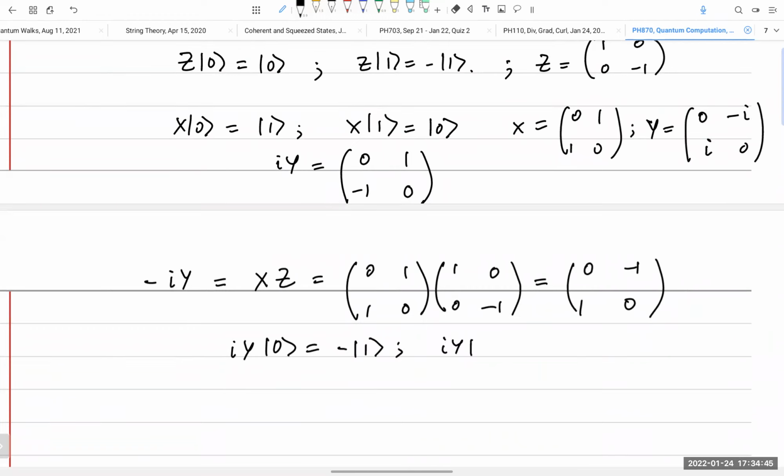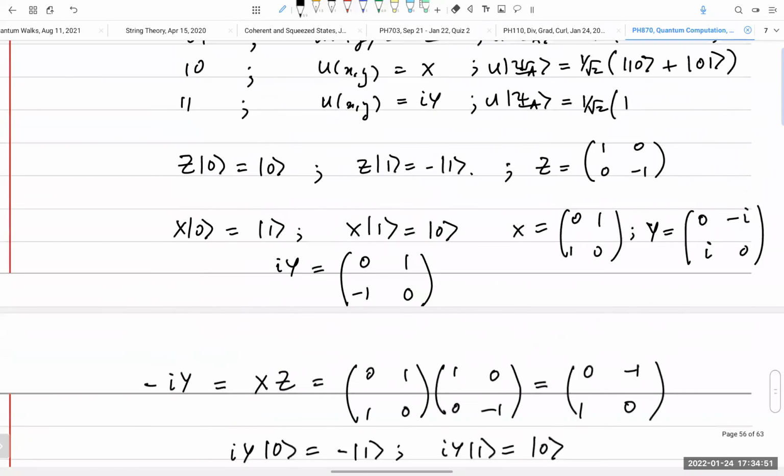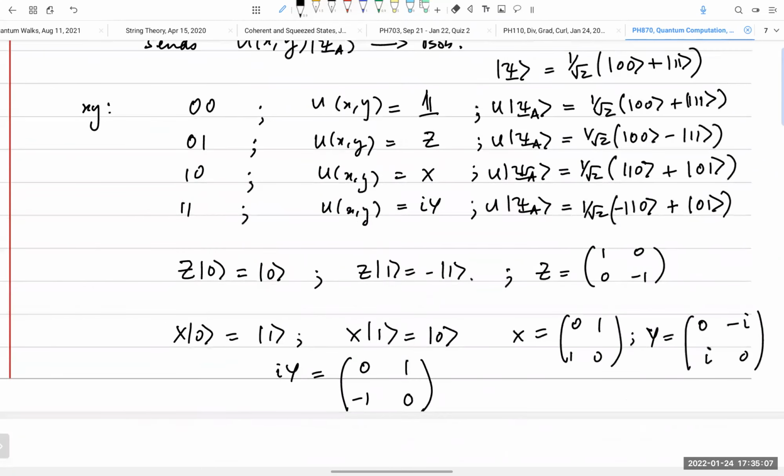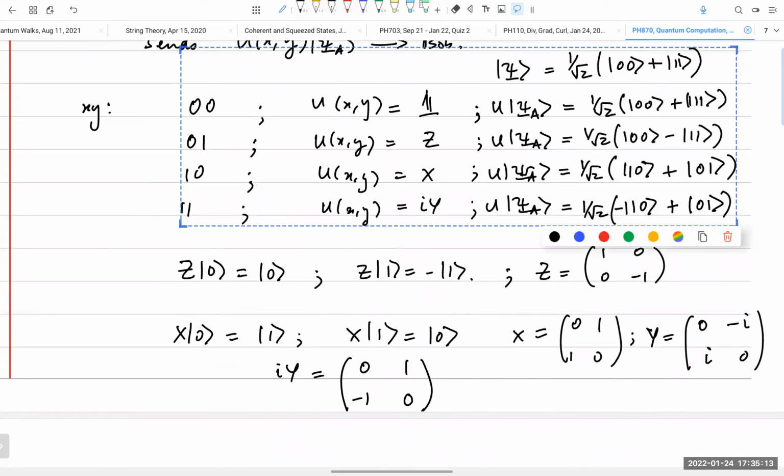If you apply iY to 1, it will give you 0. So we'll get (-|10> + |01>)/√2. So these are the 4 possible results of the operation that Alice can perform on her qubit.